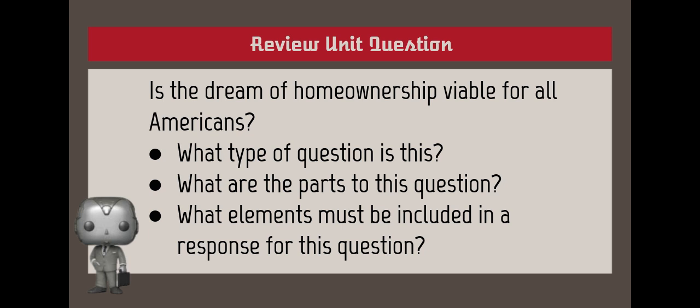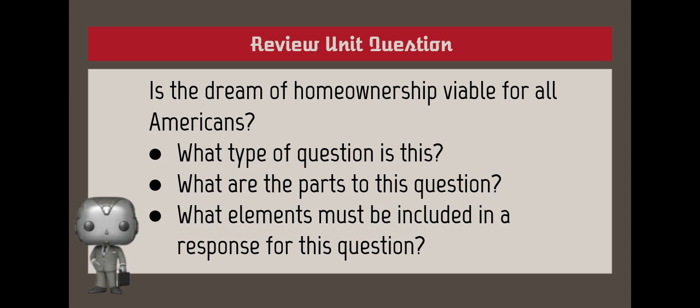Now we're going to review the unit question. Is the dream of homeownership viable for all Americans? What type of question is this? What are the parts to this question? What elements must be included in a response for this question? Remember that your work should appropriately address the task.